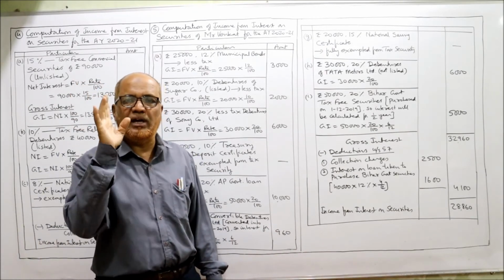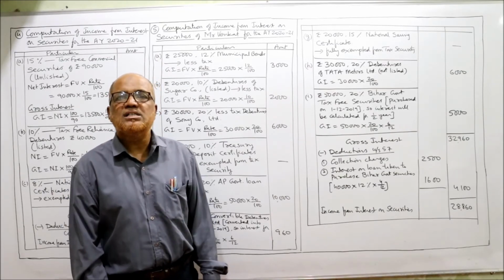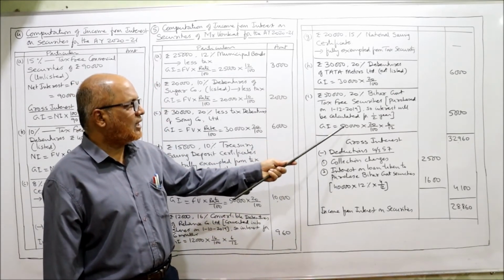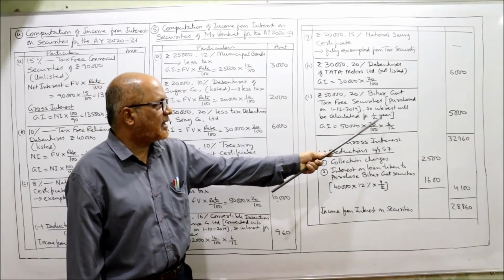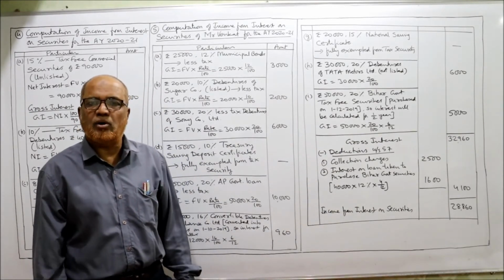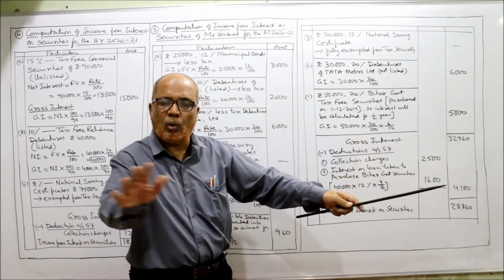So we calculate the interest for 6 months: GI is equal to 50,000 into 20 by 100 into 6 by 12. Half year. So 5,000 rupees is the interest. Over.